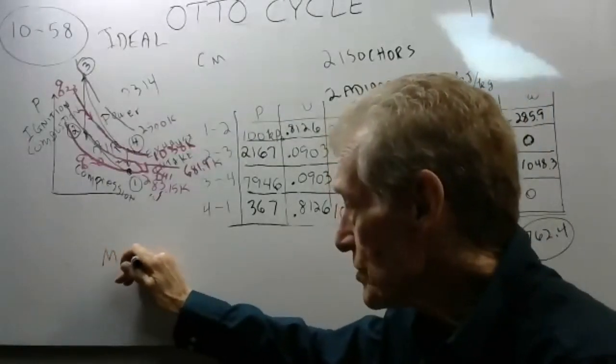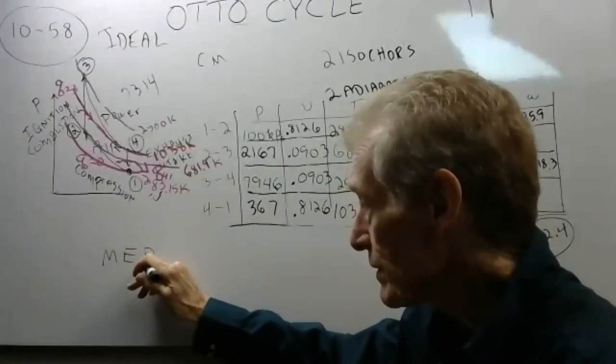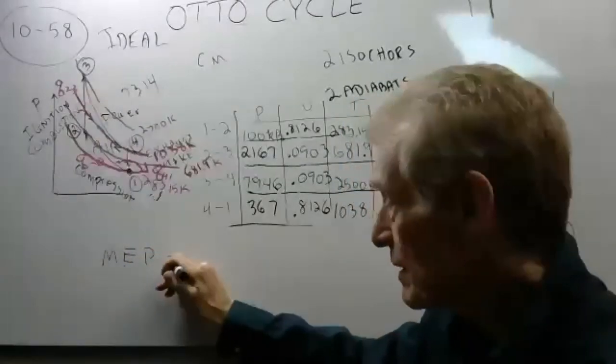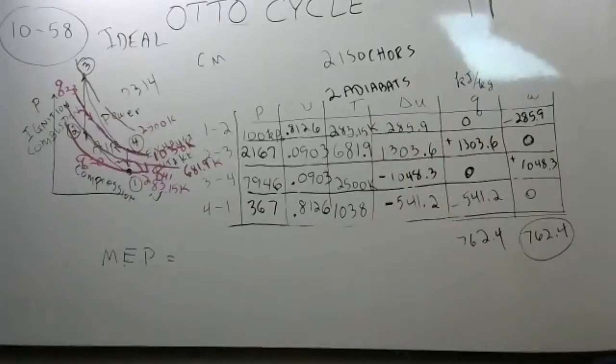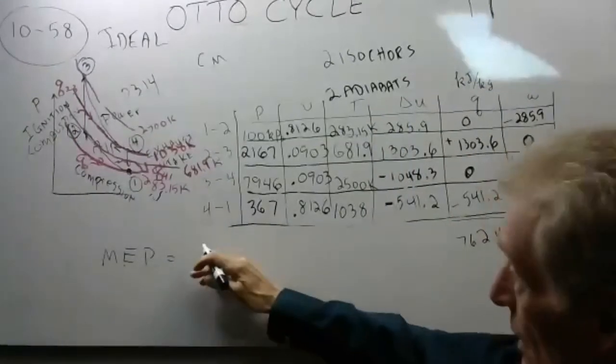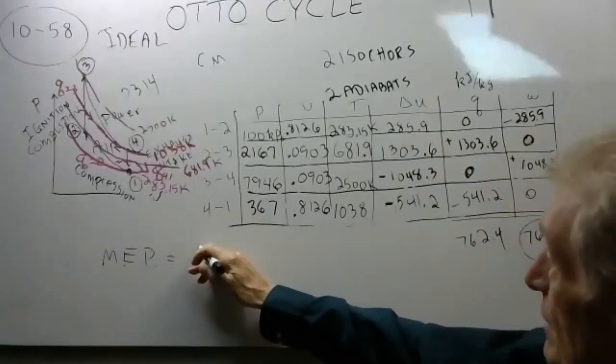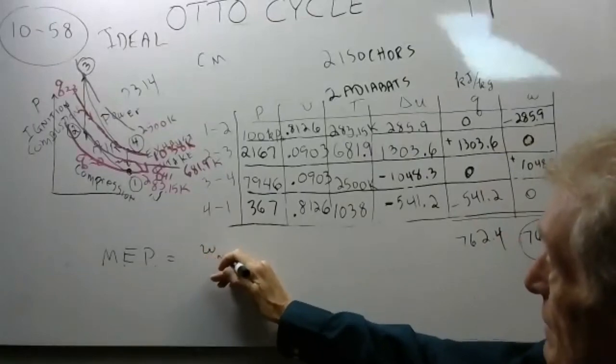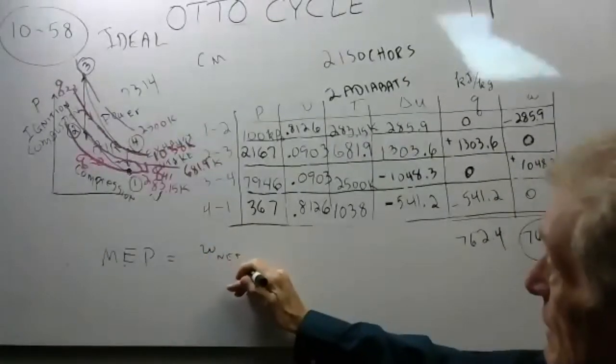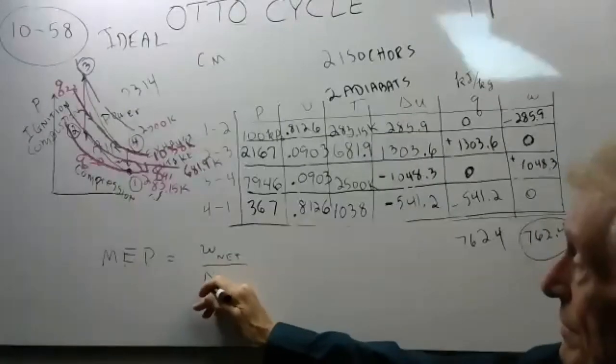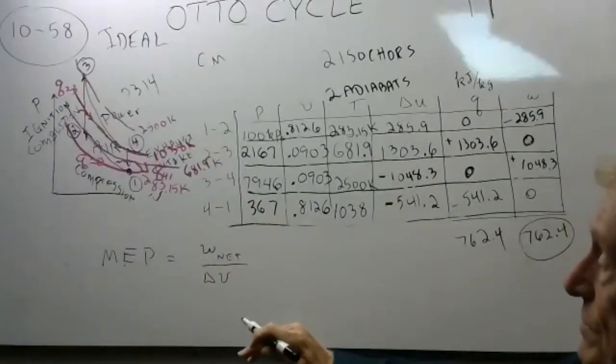But engines have something called the mean effective pressure. And what it is, it's the net work, in this case, the little w net, divided by your change in your specific volume.